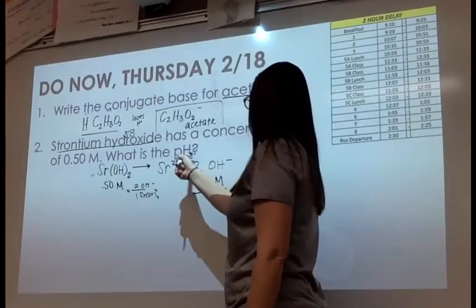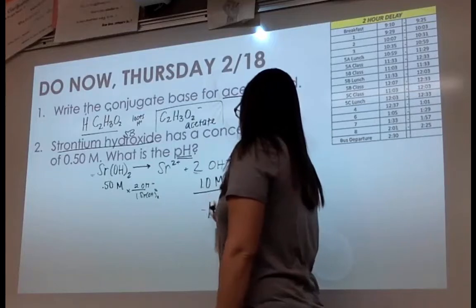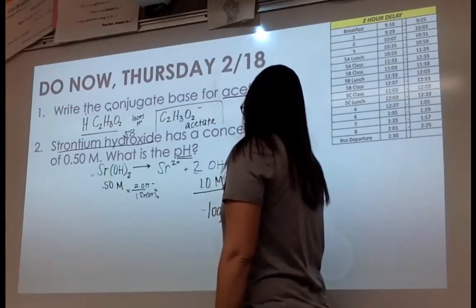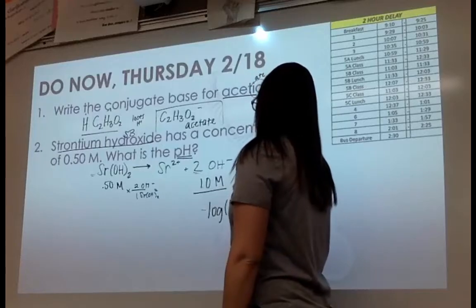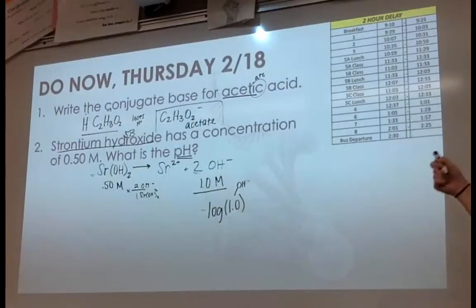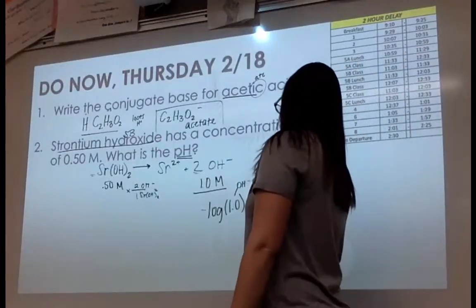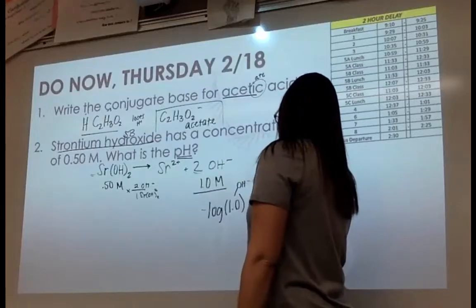Now, I know if I need pH, I'm probably going to be using logs. If I take the negative log of 1.0, this is OH minus. If I take the negative log of OH minus, what am I actually finding? Is this pH? That's pOH.